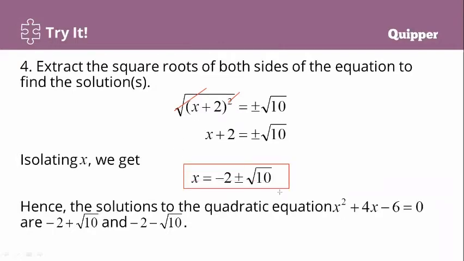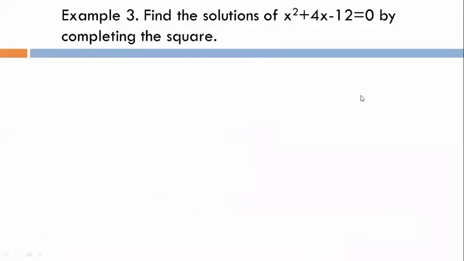Therefore, the solutions to the equation x squared plus 4x minus 6 is equal to 0 are negative 2 plus square root of 10 and negative 2 minus square root of 10. And that's it. Let's try another example.